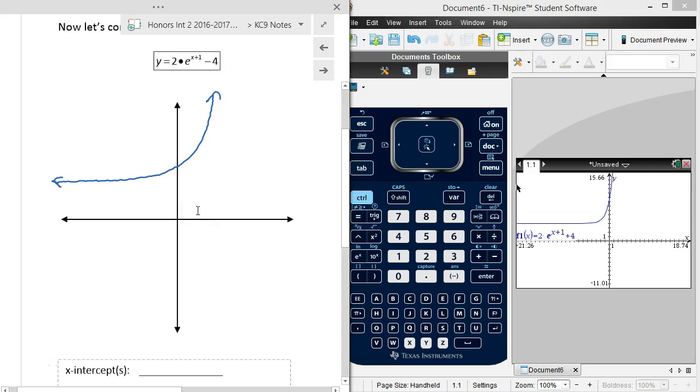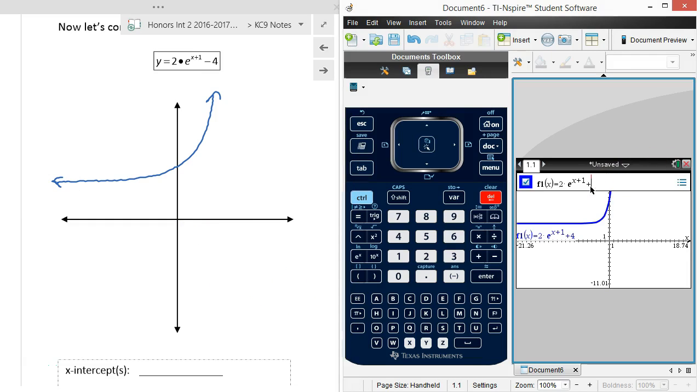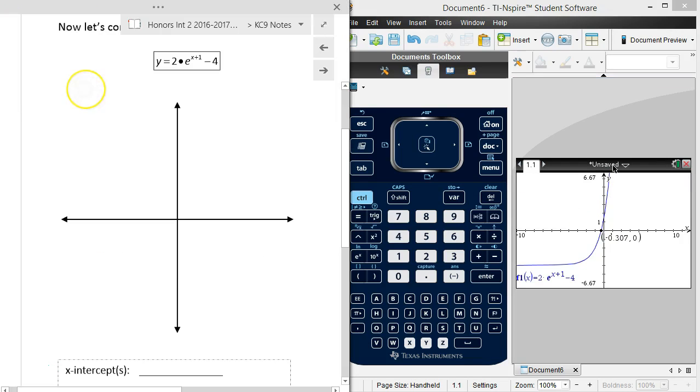Sorry, guys. It should be minus 4. There. Looking at that graph, close enough.